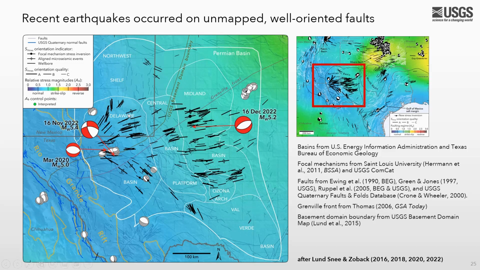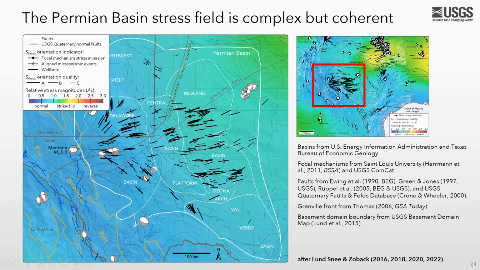An important point here is that we have these rotations in SHmax orientation that look quite coherent because we have so much data, and it's really good data, but also note that the different measurement techniques are all agreeing with each other. The outward pointed arrows represent aligned microseismic events.